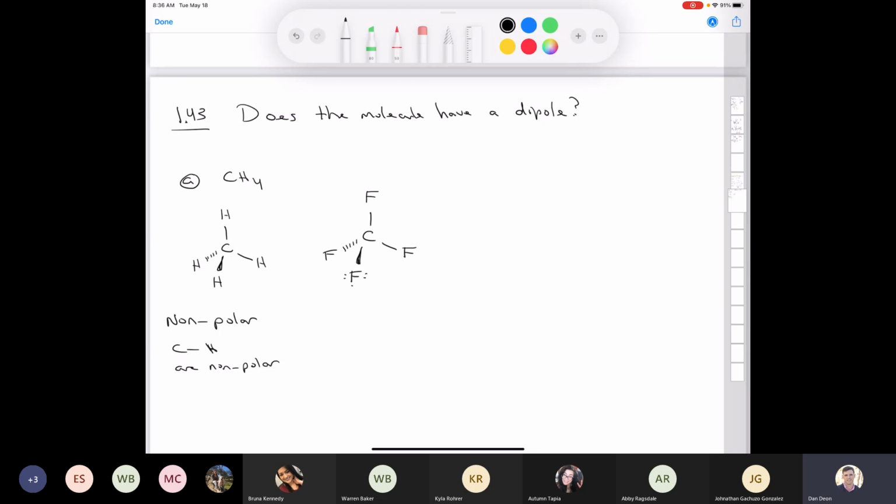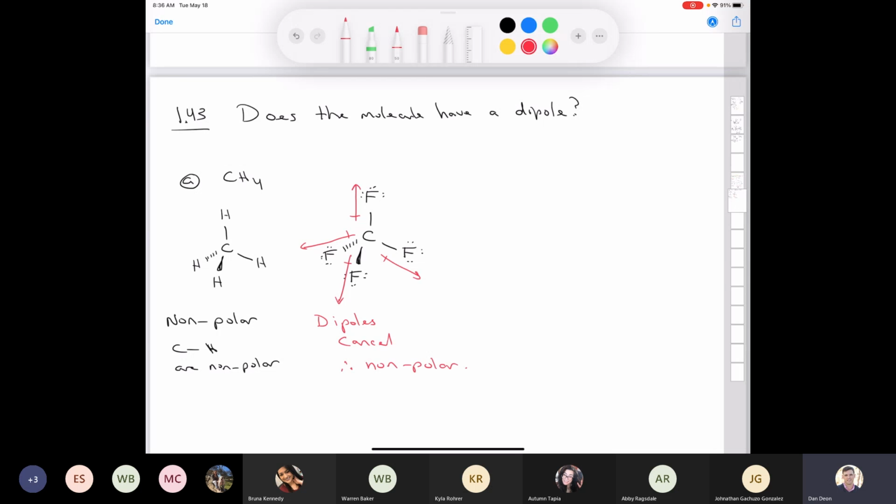Okay, but if you had this molecule that is a tetrahedron, or has a tetrahedral molecular geometry, we have a dipole going this way, one going this way, one coming out here, and one going off into the back like this. And then the dipoles would cancel. Dipoles cancel. So therefore, this would also be nonpolar.